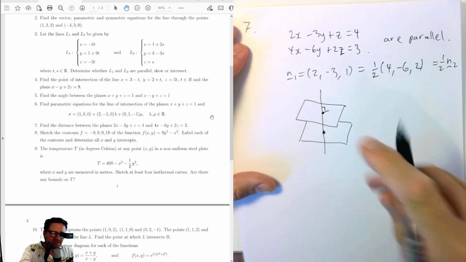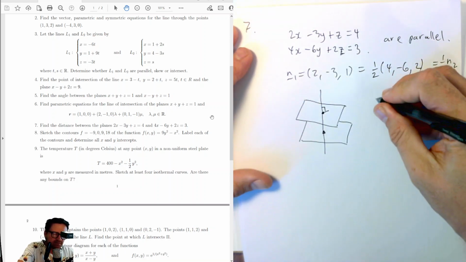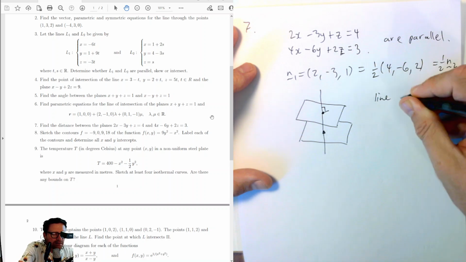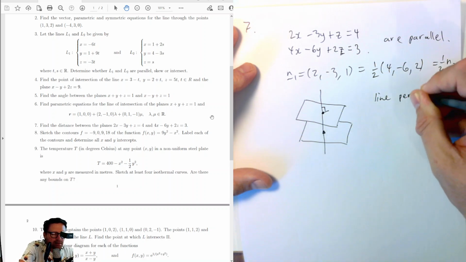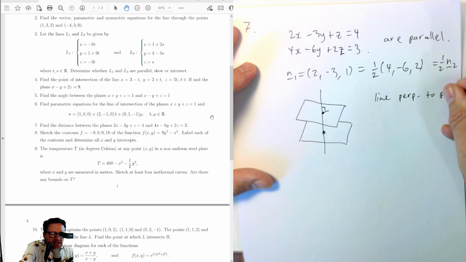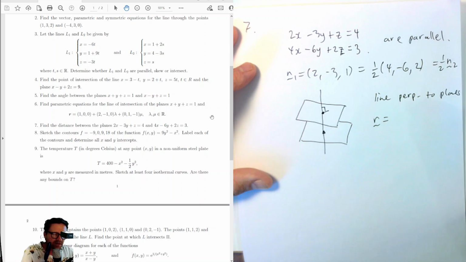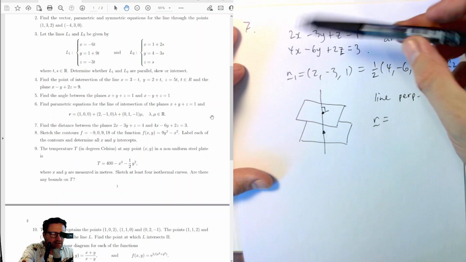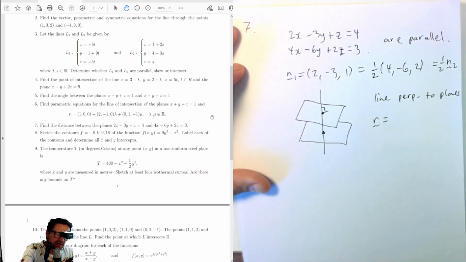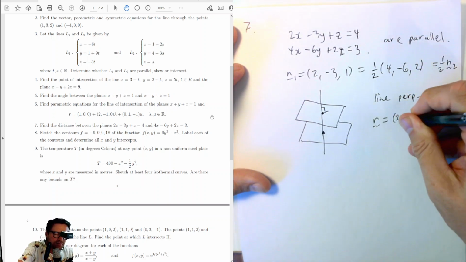Now what we need to do is take the normal vector, so the line perpendicular to the planes is the line. Well, we just take the normal vector and then we take a point that we know is on it. So for example, let's take the first equation. (2, 0, 0) gives us a point on that first plane.